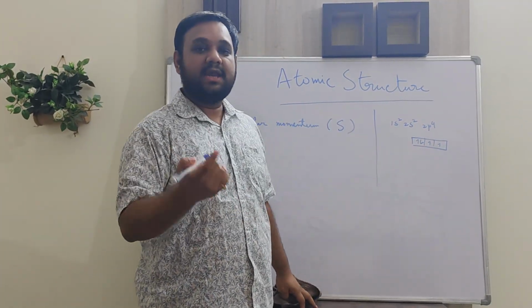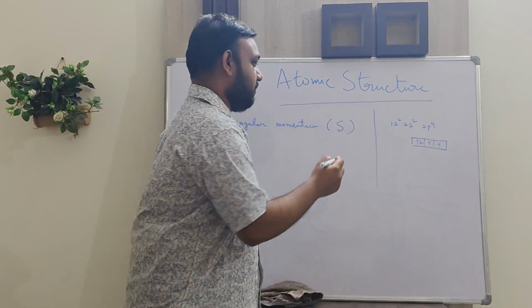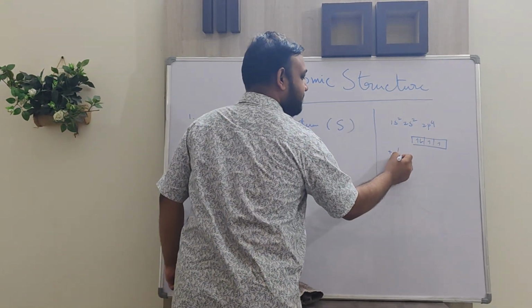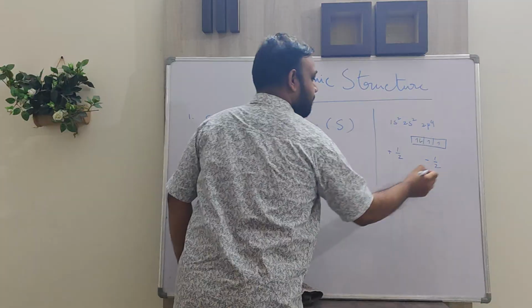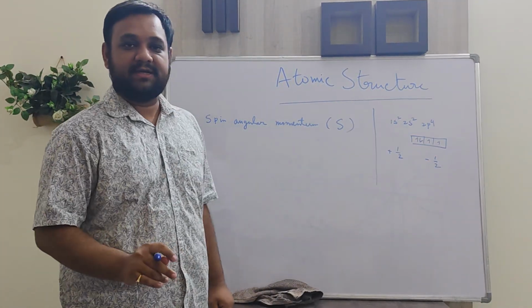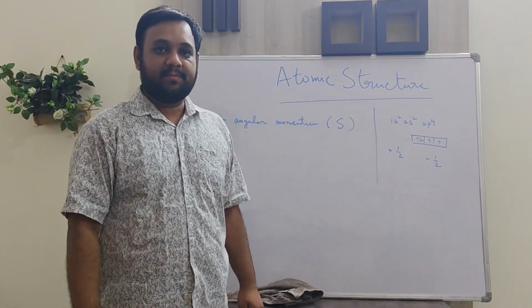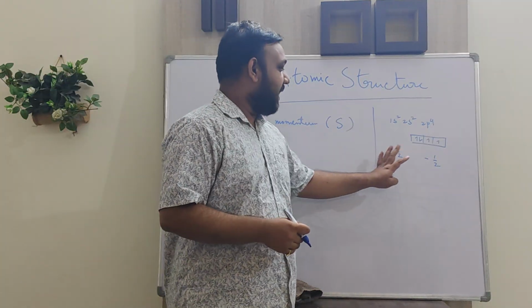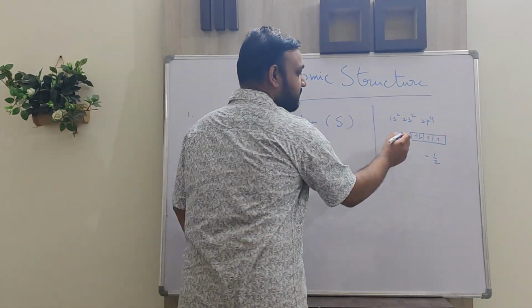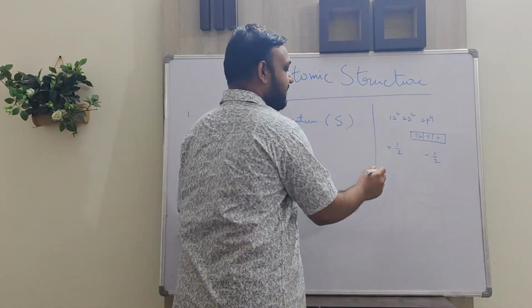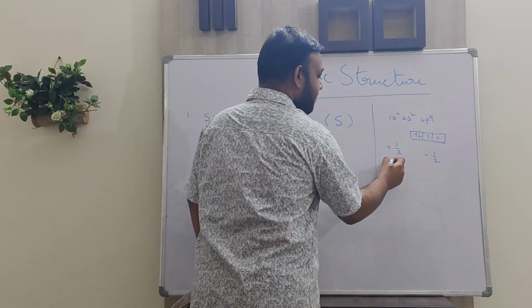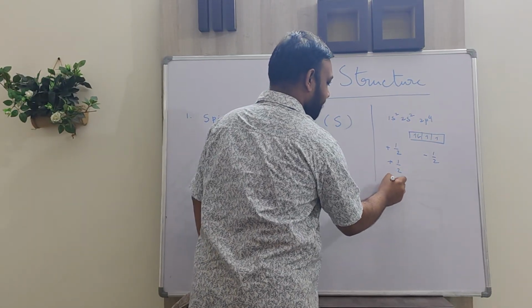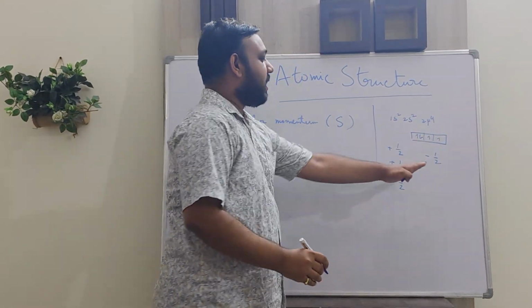We already know electrons have 2 possible spins, plus half and minus half. These two are the possibilities according to the spin quantum number. If we consider these 3 upward are plus half, then we get 3 plus half, and we get 1 minus half.